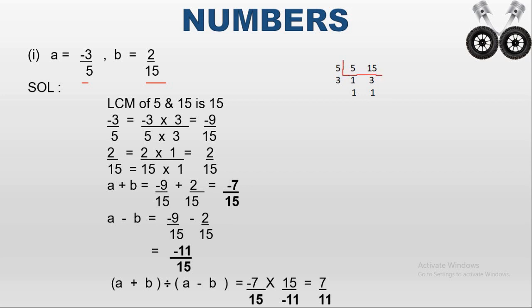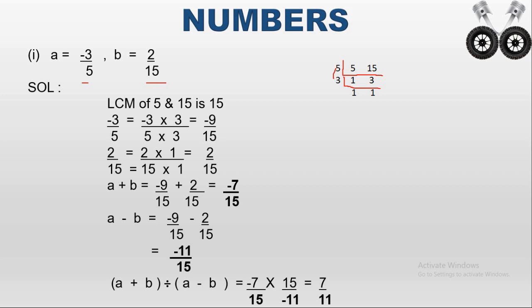The 5 and 15 have the common factor 5. 1 5s are 5, 3 5s are 15. Now the factor for 3 is 3 itself. 1 3s are 3. So the LCM for 5 and 15 is 5 into 3 is 15. So the LCM is 15.